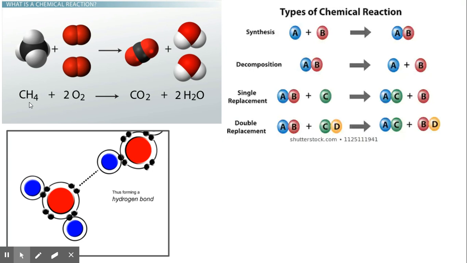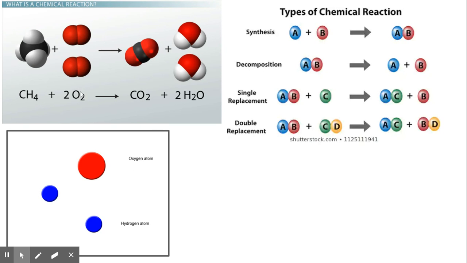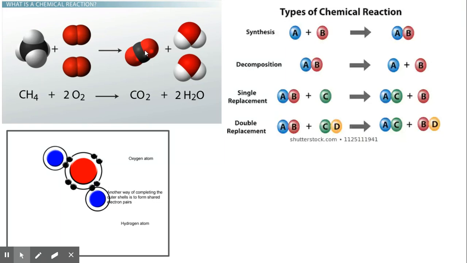If we add oxygen to methane and combust it, meaning add energy to it, then you'll notice that these four hydrogen atoms that are surrounding carbon break off, and these two oxygen molecules break apart. Two of those oxygens end up with the black carbon right here to form carbon dioxide, and the other two oxygens hook up with these four hydrogens to form two molecules of H2O.